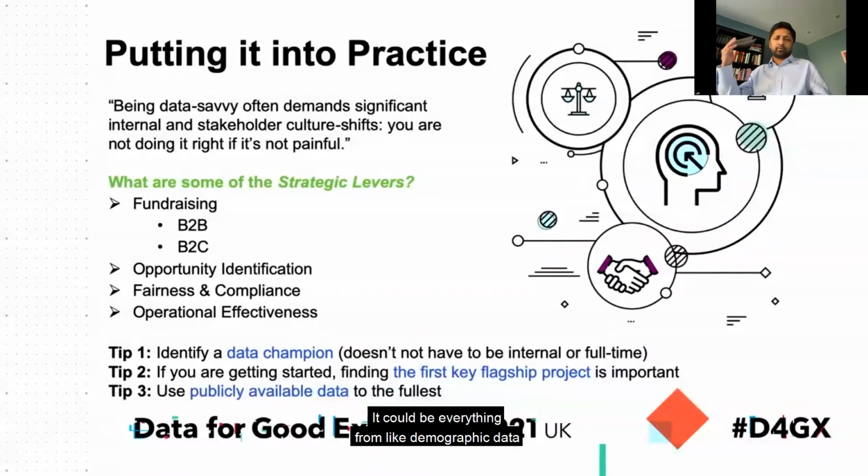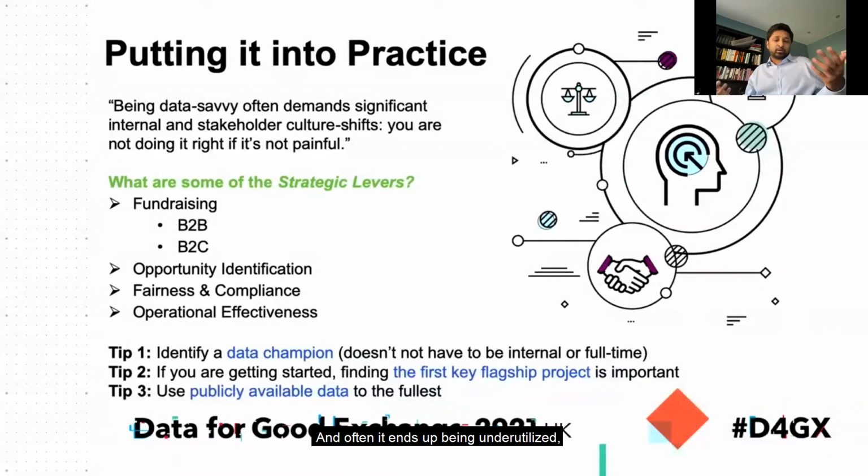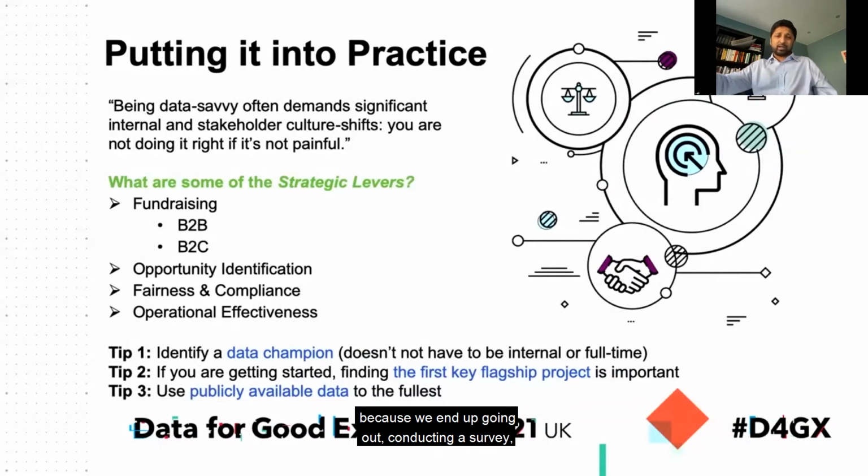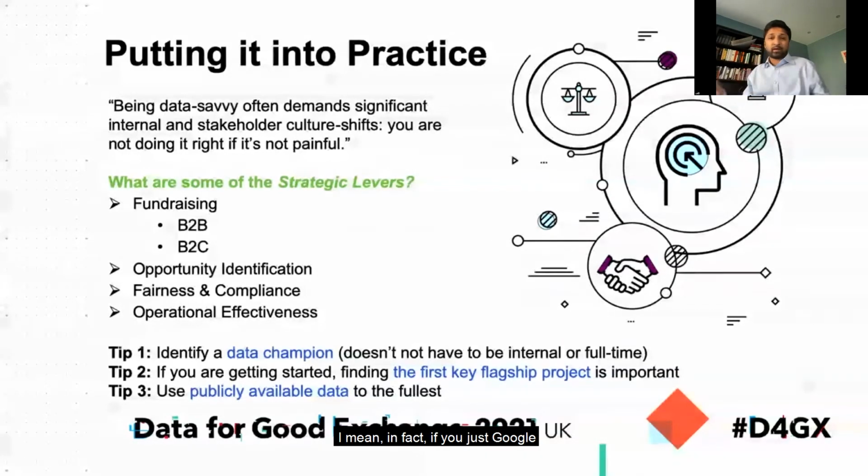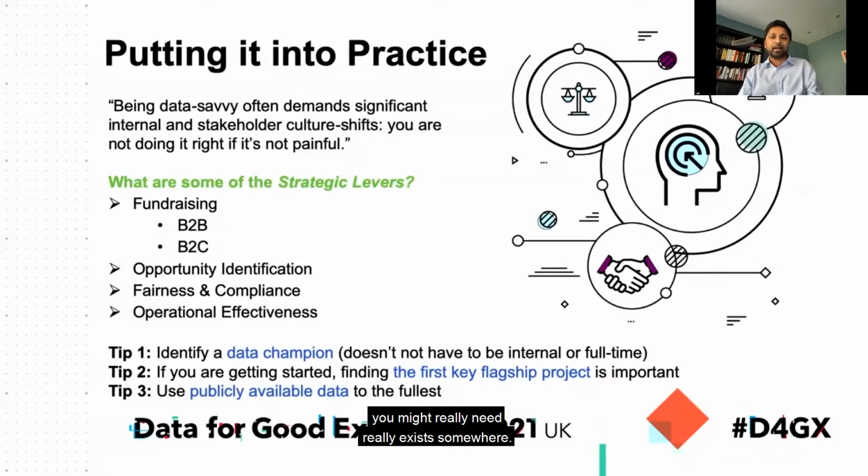It could be everything from demographic data to disease data to even data on wildlife, depending on what your goal is. And often it ends up being underutilized because we end up going out conducting a survey before checking if somebody has already done this for you. So I would really recommend that you go through. In fact, if you just Google publicly available data sets, there's a long list of websites. And you'll be surprised to find that some of the data you might really need already exists somewhere.